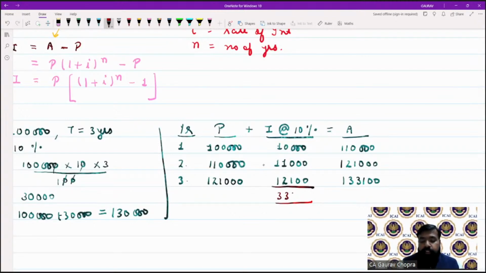We are getting 33,100. And 1 lakh 33,100 denotes the amount at the end of 3 years. And 33,100 is the compound interest for 3 years.